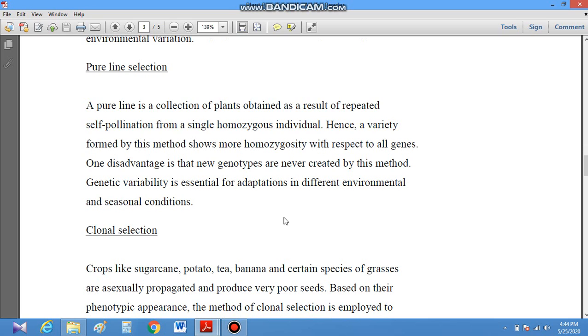Through this selection method, which is the oldest method, we can create a new improved crop variety. In this way, the selection method helps to develop a desirable variety through plant breeding. This is all about the selection procedure. Thank you.